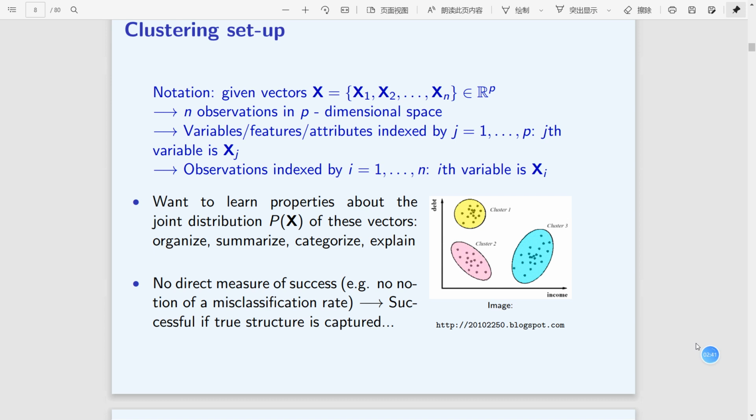So we only have x1, x2 in this case. We have data samples in this two-dimensional space, and we want to divide them into a number of groups, each group called a cluster.